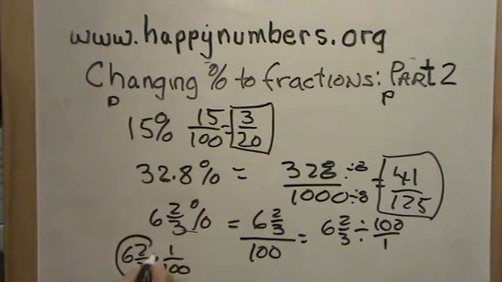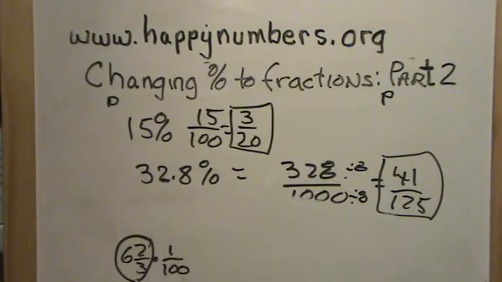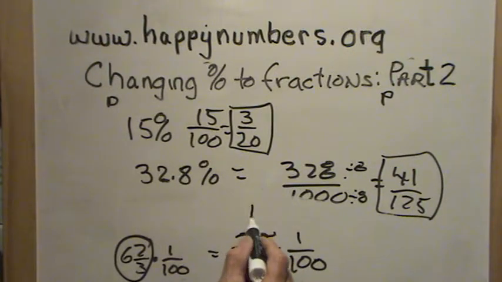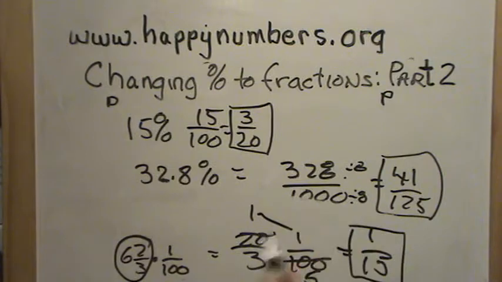Now we have to change this mixed number. 3 times 6 is 18, 19, 20. So we get 20 thirds times 1 over 100. We cancel. 20 goes into 20 once. 20 goes into 100 5 times. 1 times 1 is 1. 3 times 5, 15.